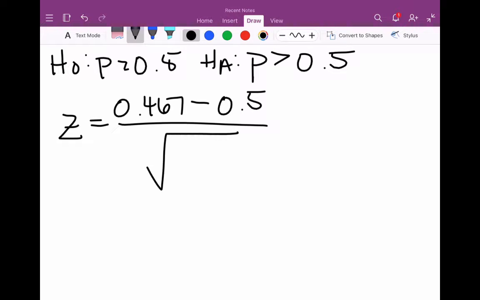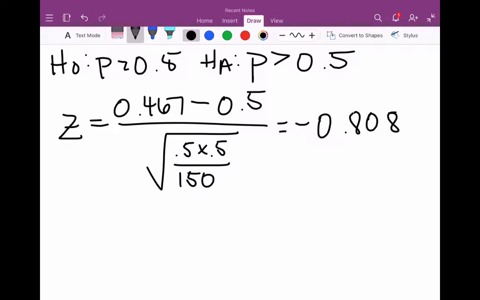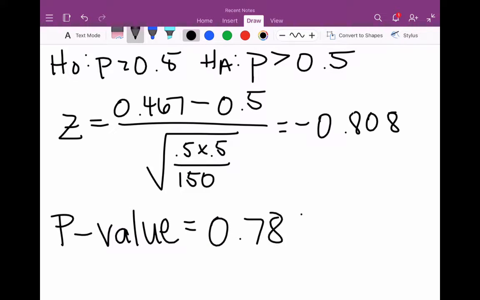So in this case, the standard deviation is the square root of 0.5 times 0.5 over our sample size of 150, and that ends up equaling a negative 0.808. Once we have our z-score, we can then calculate our p-value. So our p-value ends up equaling 0.788. Now, this is an extremely high p-value.